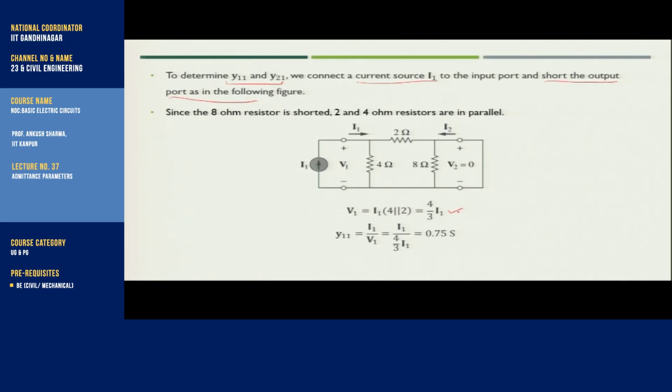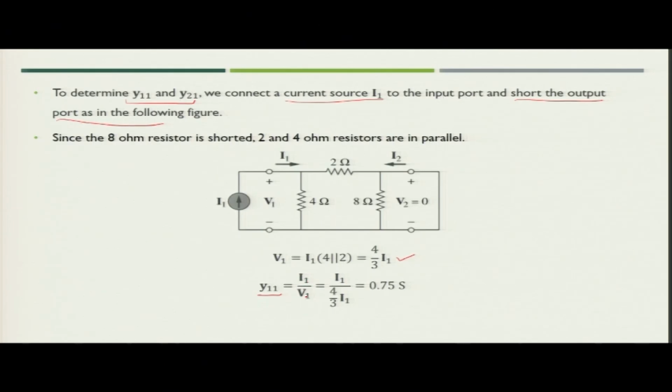Now, since you have got the value of V1 in terms of I1, Y11 can be simply calculated with the help of this term. So, I1 upon V1 will be written in terms of I1. Then when you simplify, you will get the value of Y11 as 0.75 Siemens.